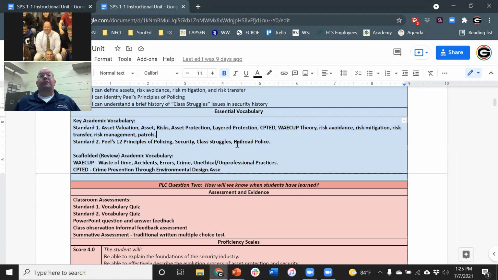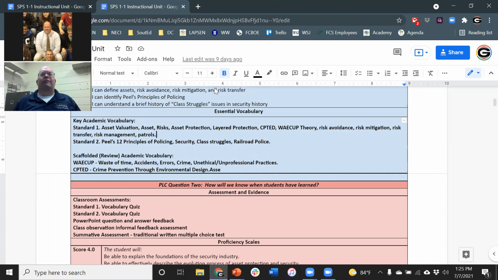Now, you notice that some of those we just previously discussed. So again, these are important parts of this unit. They're not only key learning targets, but they're also terms that we want to make sure that we effectively communicate to students and that they understand.